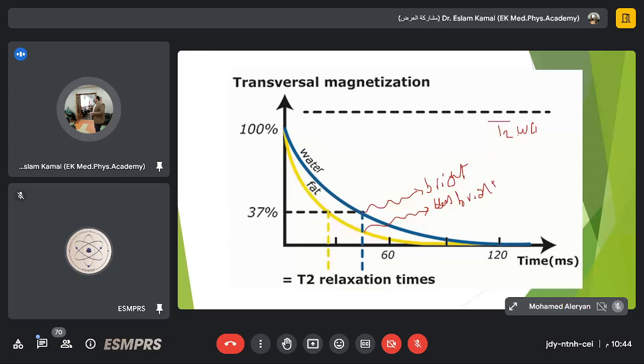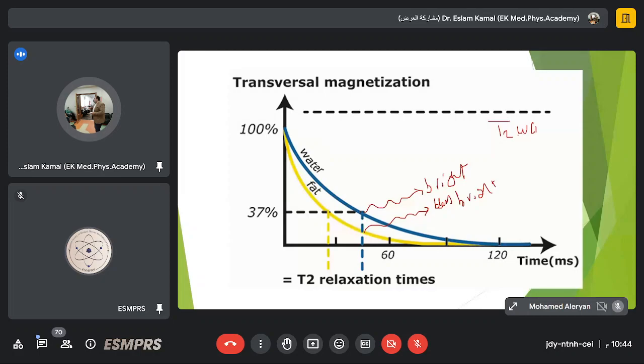It's a minimal difference. Yes. So the best time to get the signal is in this region, to get the maximum difference between the fat and water transversal magnetization.